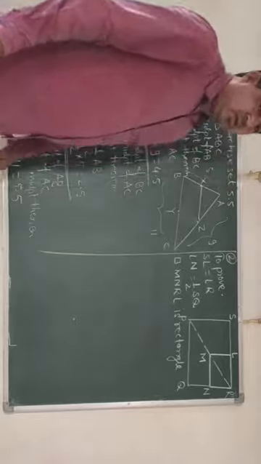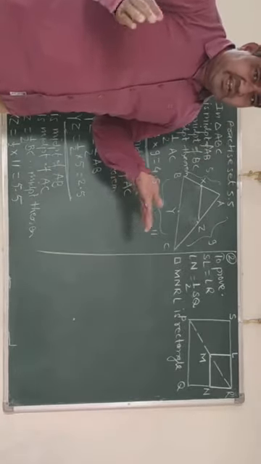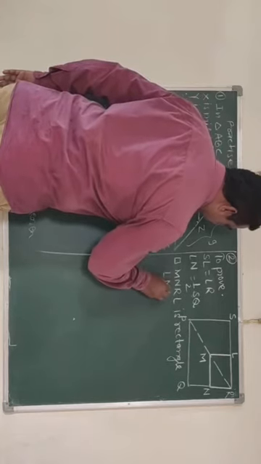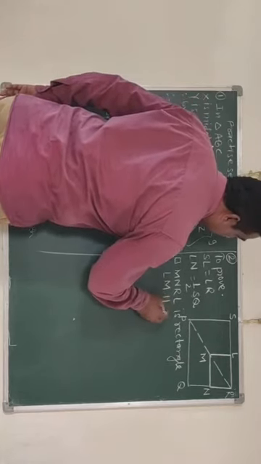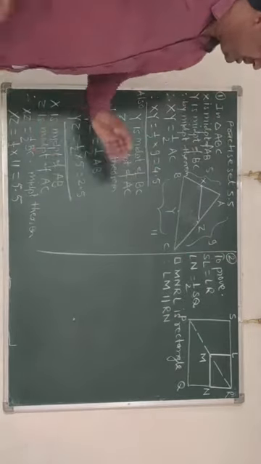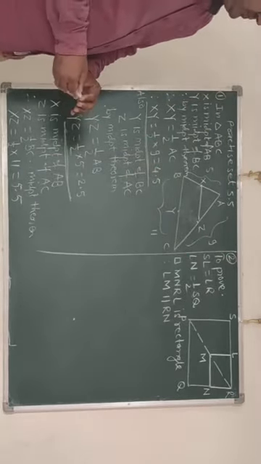As it is a rectangle, opposite sides are parallel. Therefore, LM parallel RN. Okay, opposite sides are parallel. Now, for a while, consider this triangle.